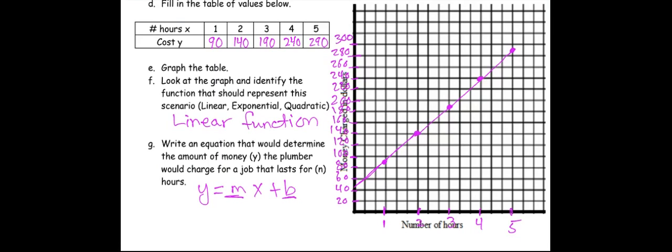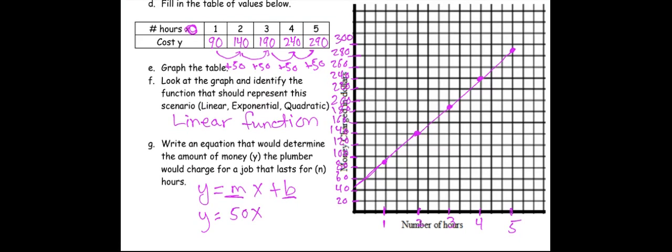So looking at the table, going from one y value to the next, I added 50. So 50 is going to be the slope. Now I need to find the y-intercept. The y-intercept is the value when x equals 0. So that means I need to go one value before x equals 1 to find out what the y value is.